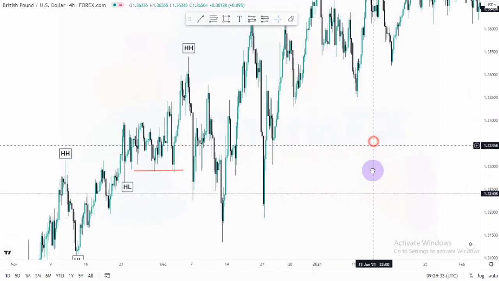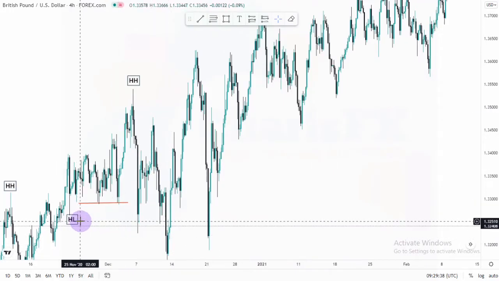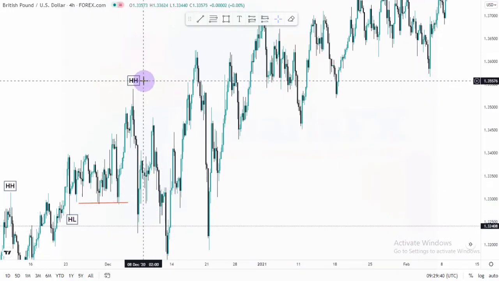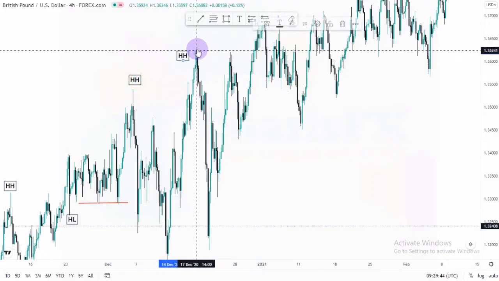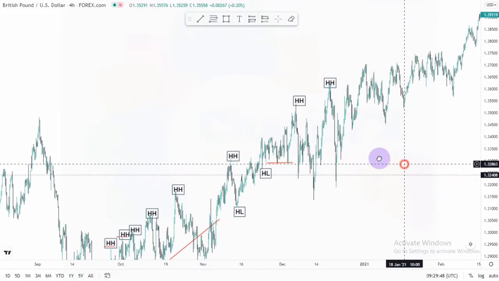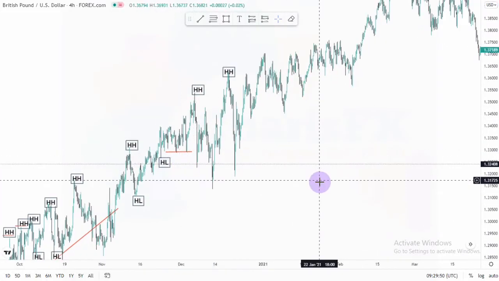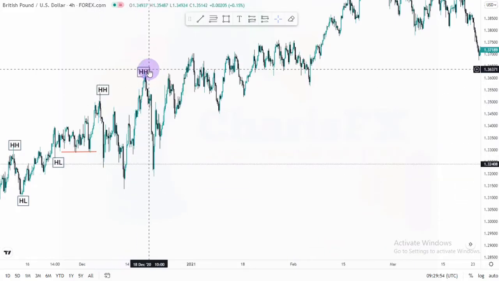You may need to also understand top-down analysis to know where price is actually retracing into from here. So price continued with the bullish market structure formation, higher high, higher low. All this was a run on liquidity, remember, and then price formed higher high.